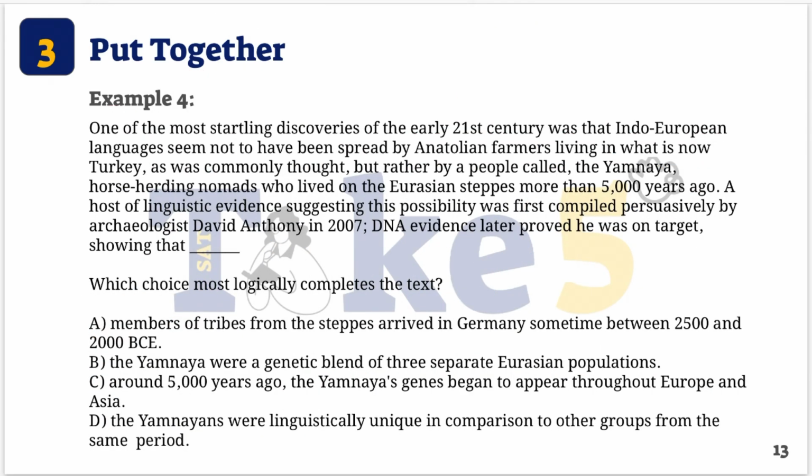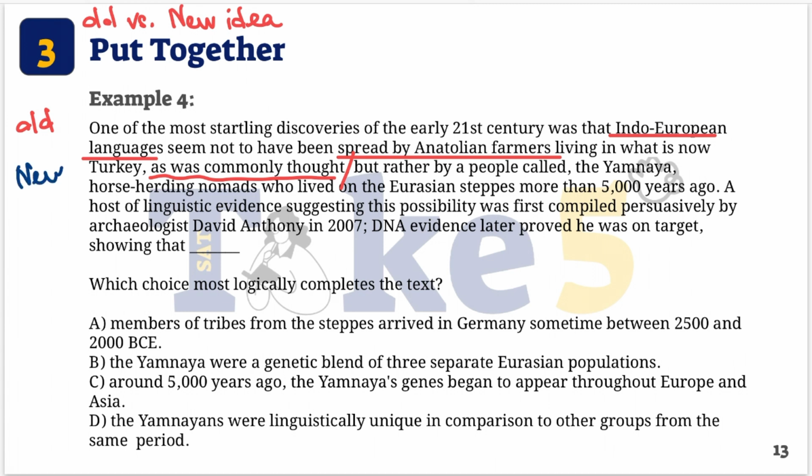This fourth example, lengthy as it seems, is actually just another version of the old versus new idea structure. The old idea or the common belief is that Indo-European language was spread by Anatolian farmers, but in fact, the new idea or the main idea of the passage states that the Yamnaya nomads were the ones who spread this language.